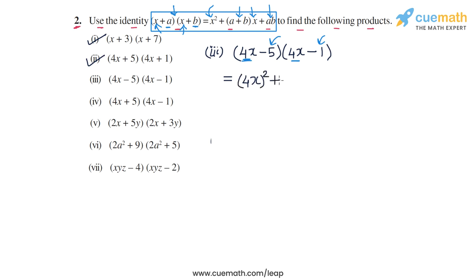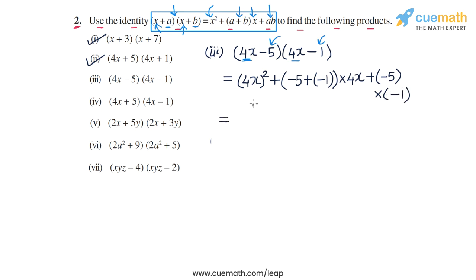Then we add the non-common terms, so we add minus 5 and minus 1. We add these two non-common terms and multiply it with the common term, which is 4x, and then we multiply the non-common terms, so we multiply minus 5 and minus 1 to get the third term in the product.